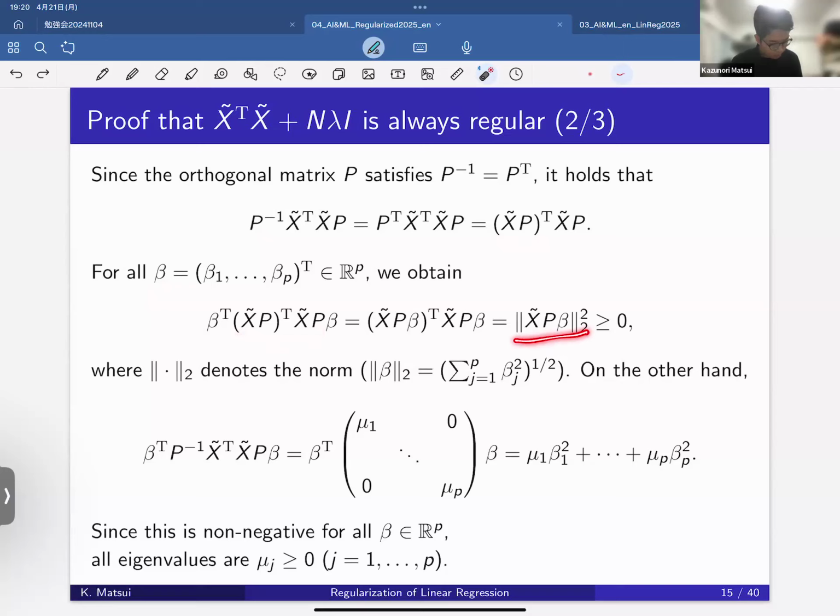Since the square of the norm is always non-negative, we know this is non-negative. So since this is non-negative for all beta, all eigenvalues are also non-negative.